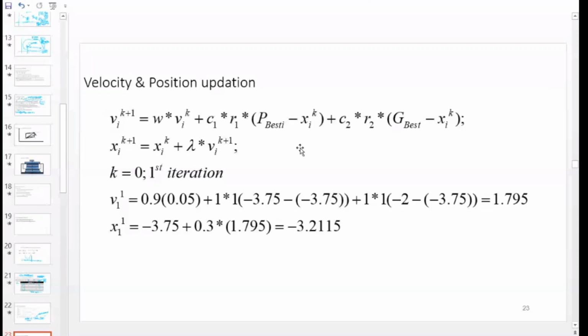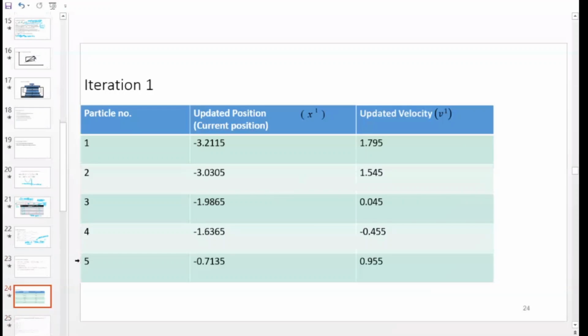So use the equation number 3 and 4 for the remaining 4 particles, right? And I have tabulated the newly updated position value of every particle at the end of first iteration. So right, so these are the updated values of x, and these are the updated values of the step length or velocity.